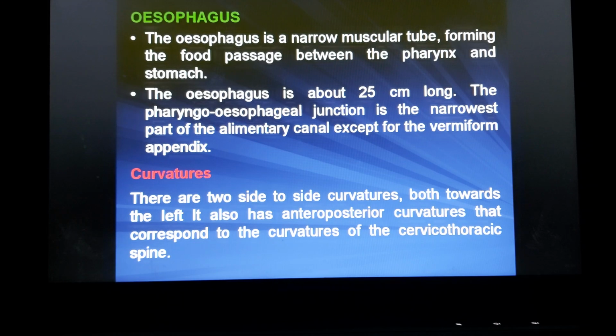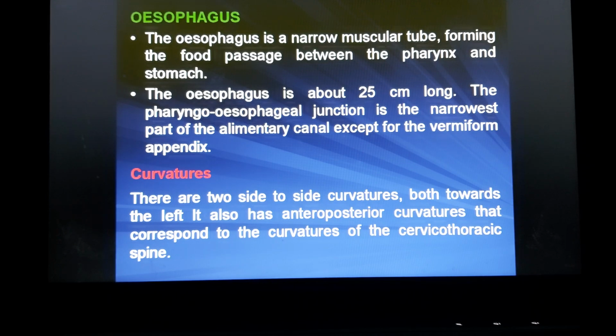The pharyngo-esophageal junction is the narrowest part of the alimentary canal except for the vermiform appendix.